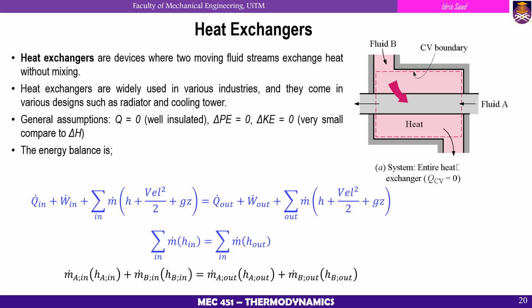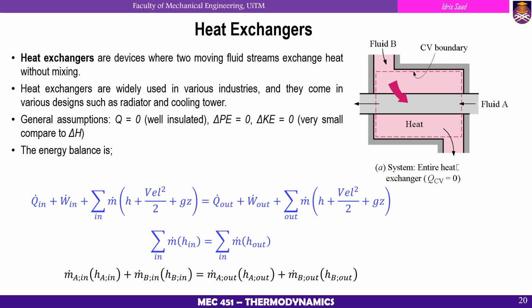As we can see in that figure, fluid A, which is in gray color, flows at high temperature in the pipe. At the same time, fluid B, which is in red color, at a lower temperature, enters the system and flows across the pipe in which fluid A is flowing.